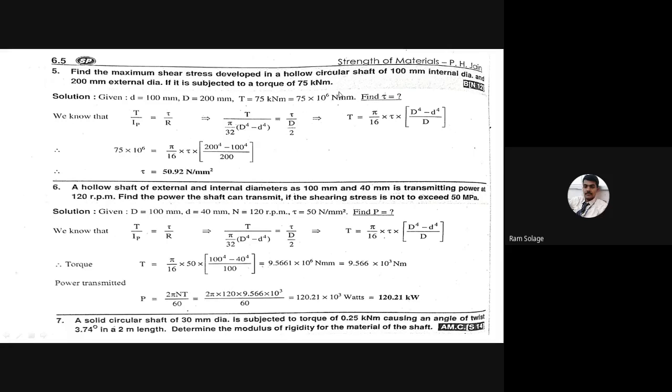For a hollow circular shaft, we have two diameters. One is the inner diameter and the other is the outer diameter. Inner diameter is denoted by di and outer diameter is denoted by do. So 100 internal diameter means di is given, and 200 is the external diameter. If it is subjected to a torque of 75 kilonewton meter, write down the given data.